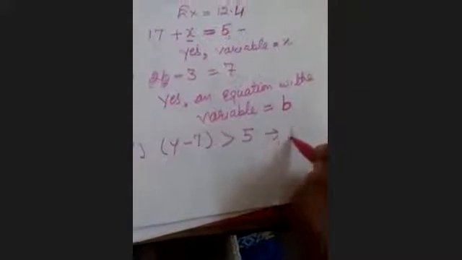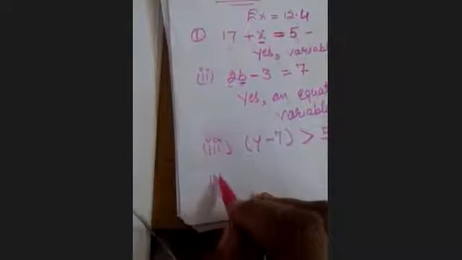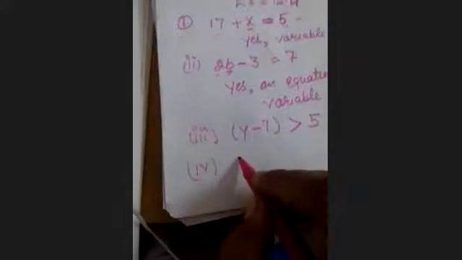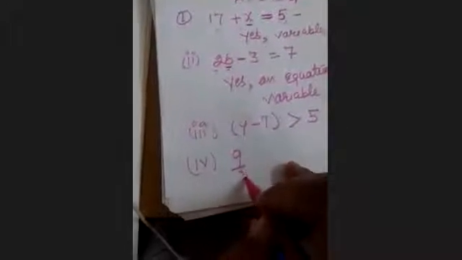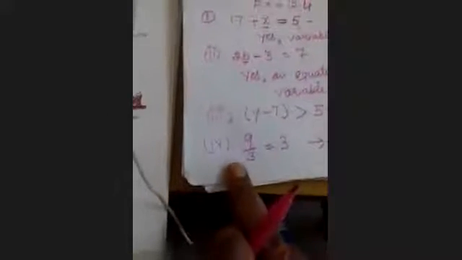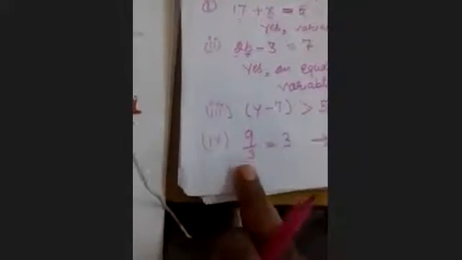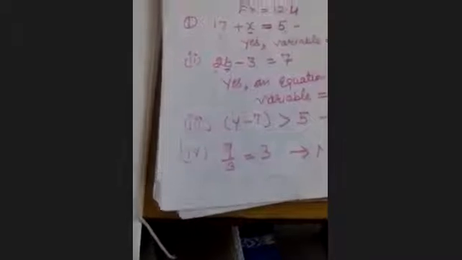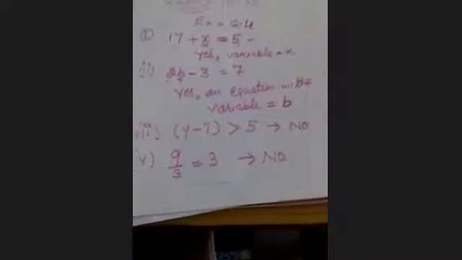So your answer is no. Next is the fourth part. 9 upon 3 is equal to 3. Once again, your answer is no, because there is no variable in this equation. Clear, students?